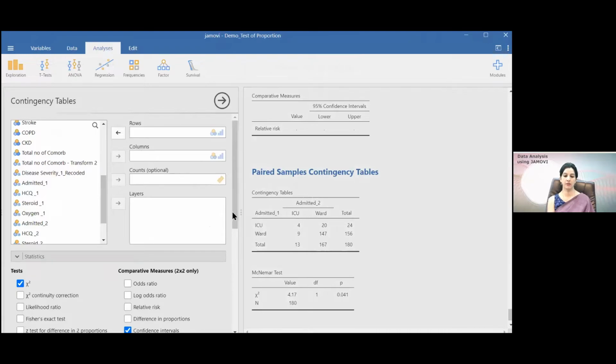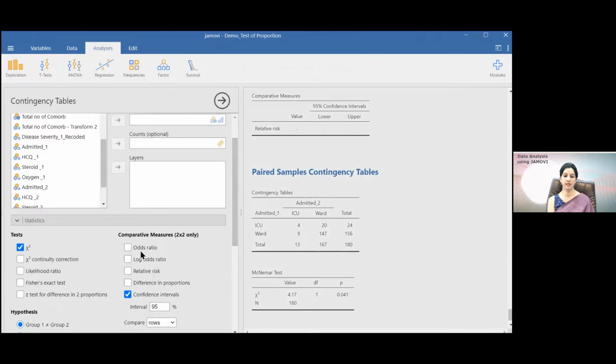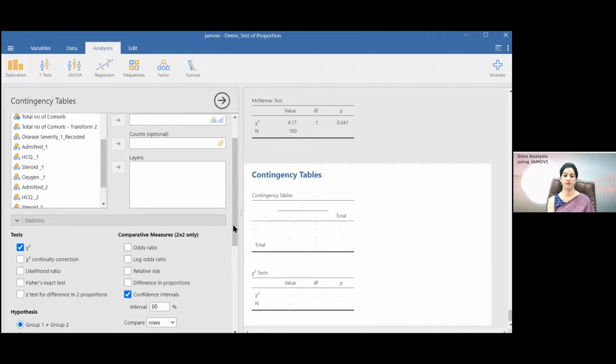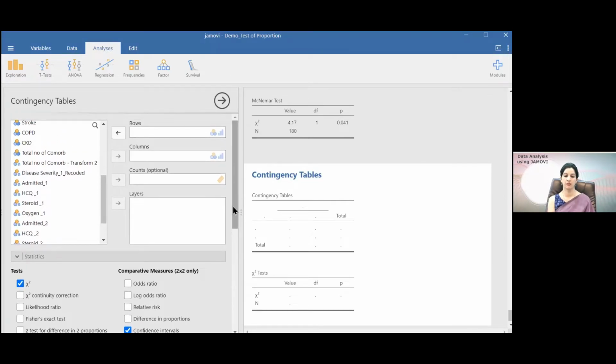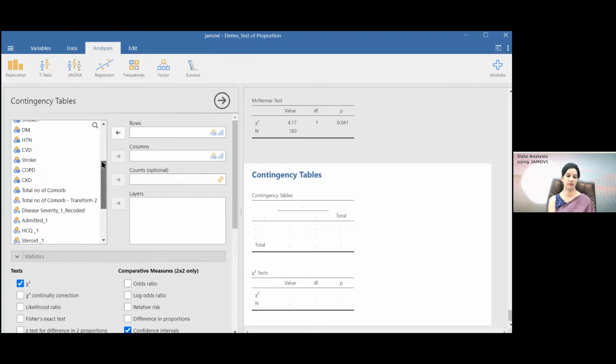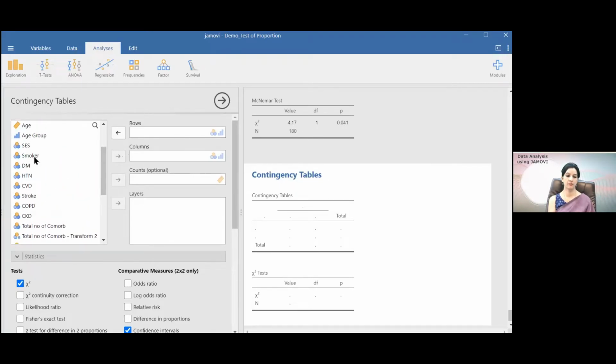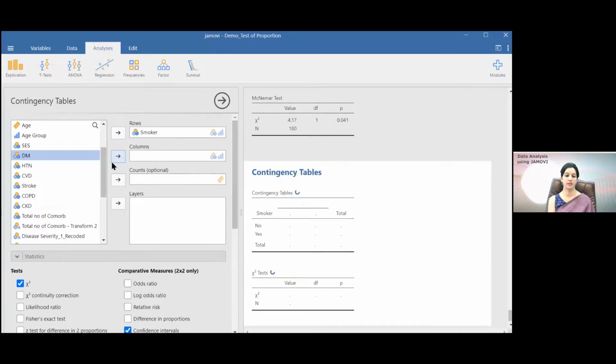But here you can see that this is the odds ratio and relative risk. So for odds ratio, maybe oxygen requirement versus smoking status. So smoking will be an independent. So I have done this smoker as a row, and this column is the oxygen requirement.